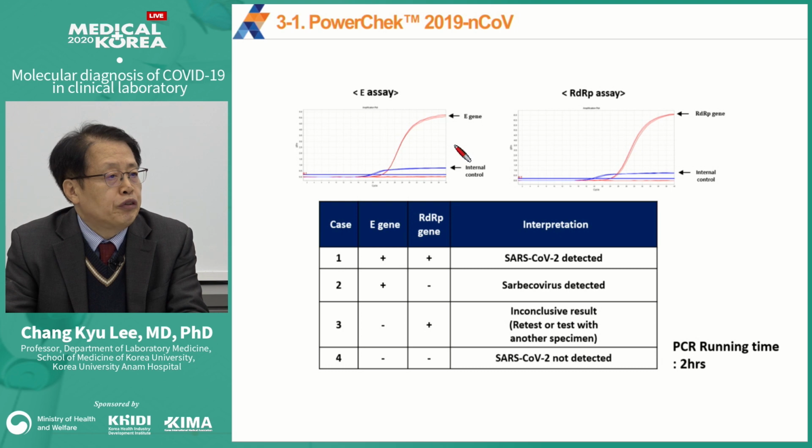This graph shows E gene positive, RdRp gene positive. It is SARS-CoV-2. If E gene only is detected, it is sarbecovirus. If RdRp gene only detected, it is an inconclusive result. Then repeat test or test with another specimen.